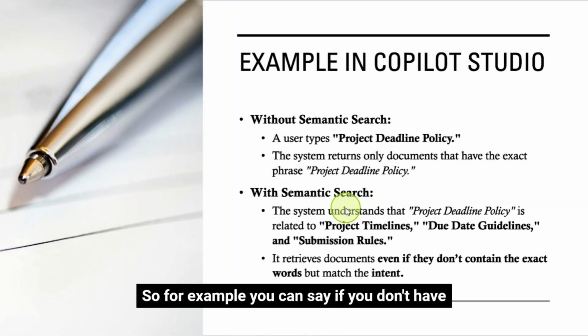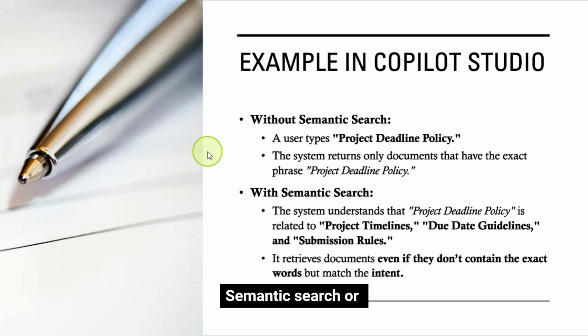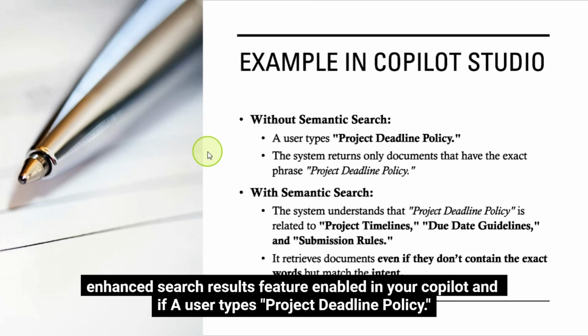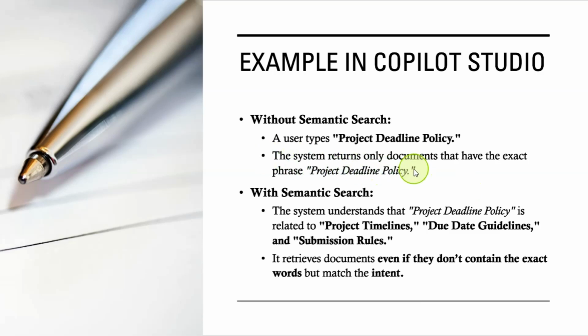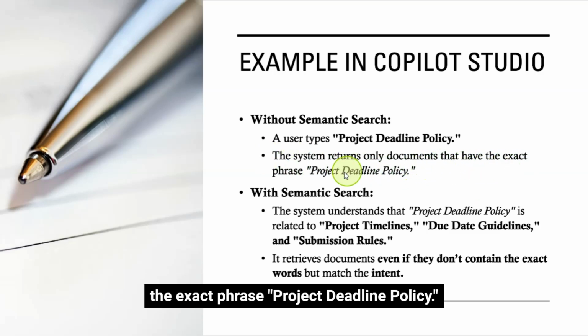So for example, you can say if you don't have semantic search or enhanced search results feature enabled in your Copilot, and if a user types project deadline policy. So without semantic search or enhanced search, the system returns only documents that have the exact phrase project deadline policy.